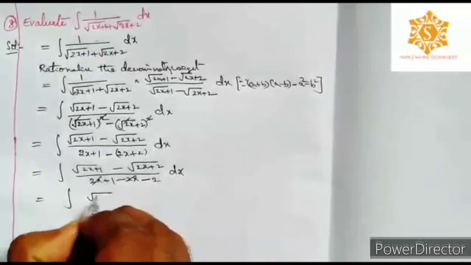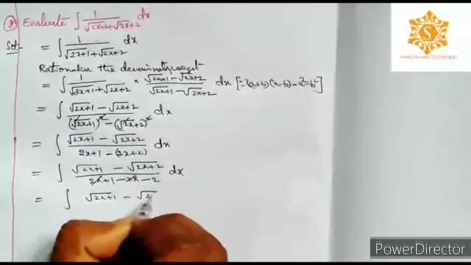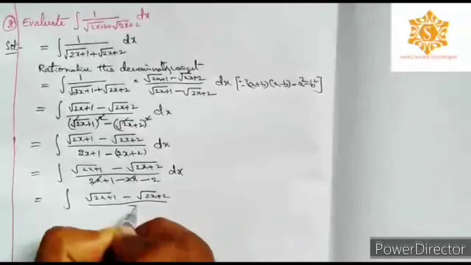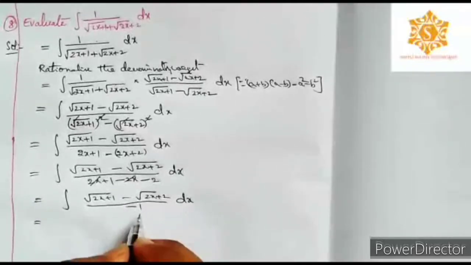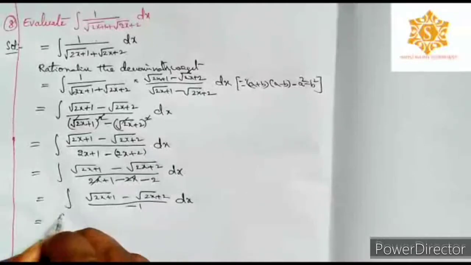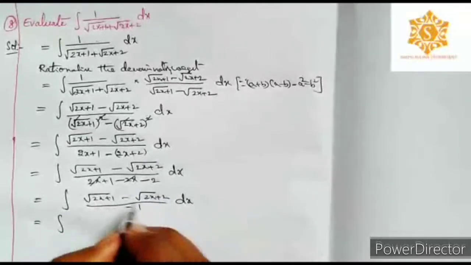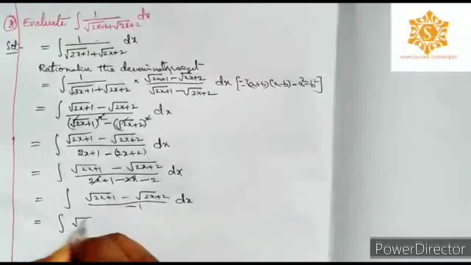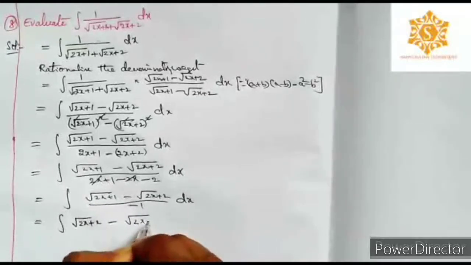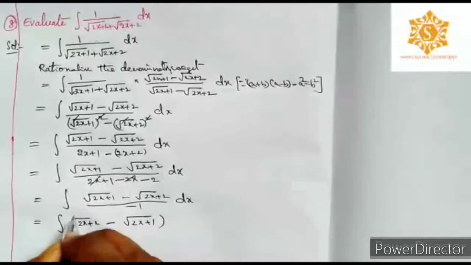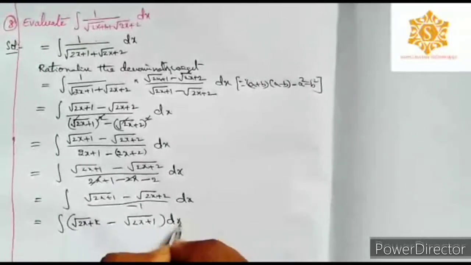So integration of square root of (2x+1) minus square root of (2x+2) by minus 1 into dx. Here we divide by minus 1, just interchange the terms, that is we get square root of (2x+2) minus square root of (2x+1) into dx.